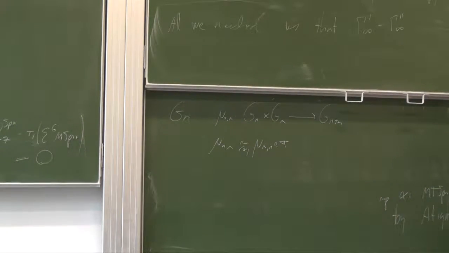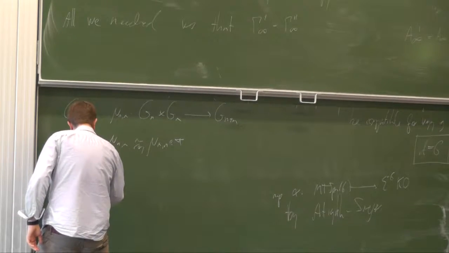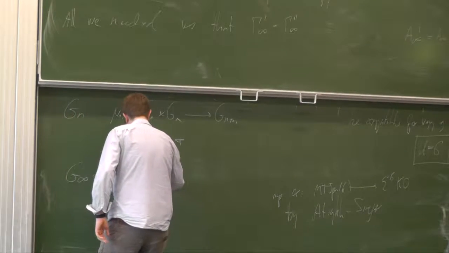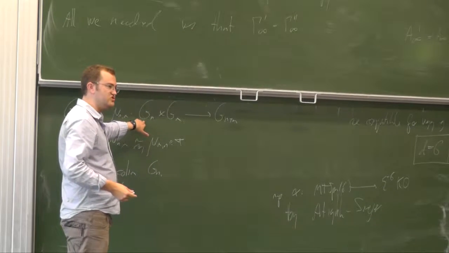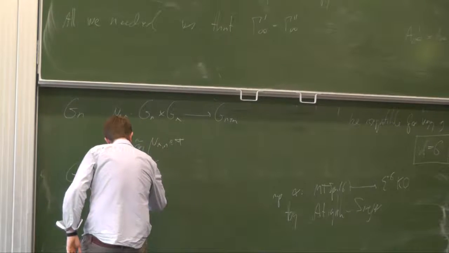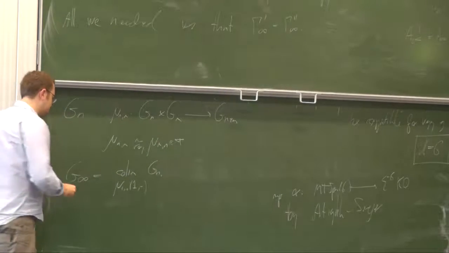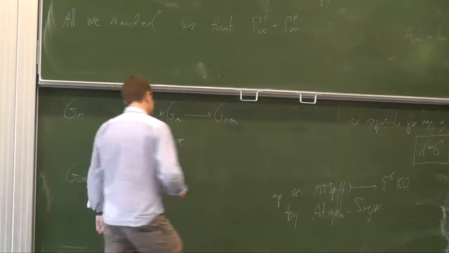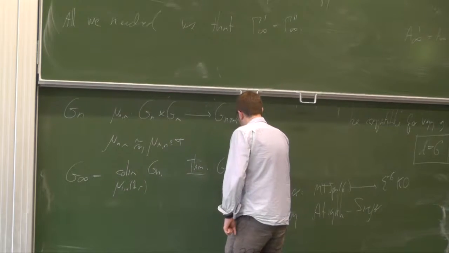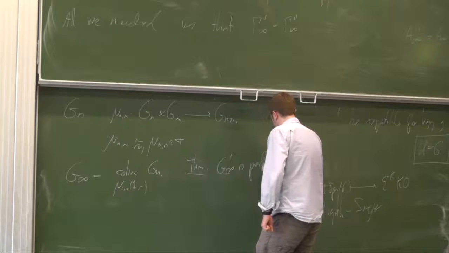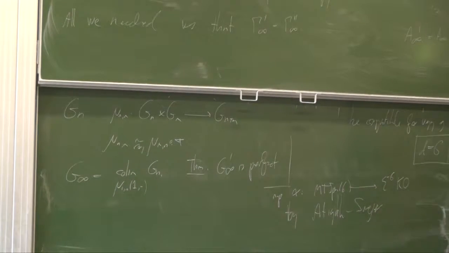Suppose you have that situation, then you can take G infinity to be the colimit of the Gn over taking product with the unit in G1. Take the commutator subgroup of that, and it's an easy theorem that G infinity prime is perfect, which I'll leave to you to prove.